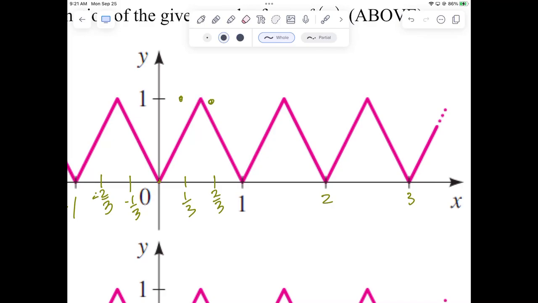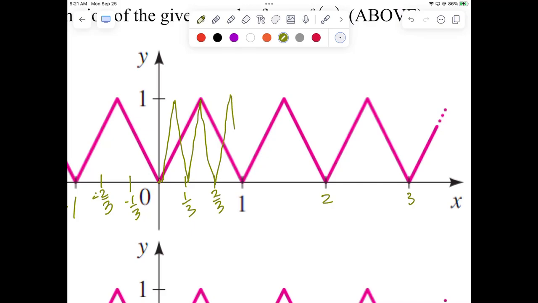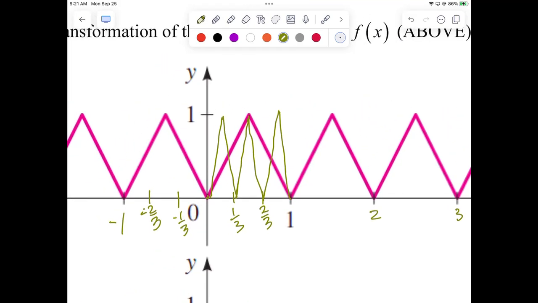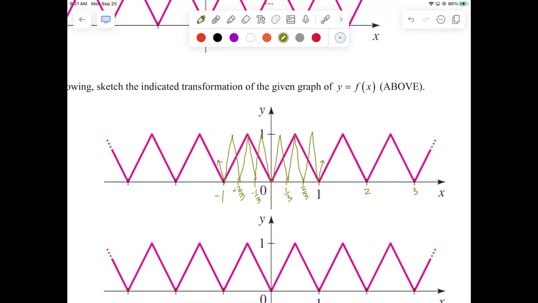Here, and then a high point like this. Three full cycles, we can call them cycles if you want, or repeats.